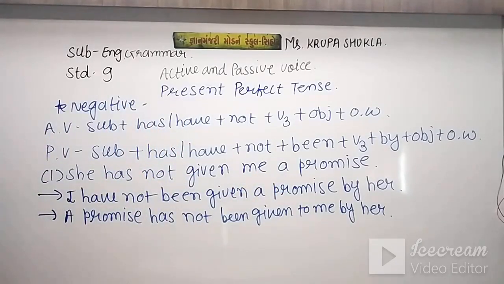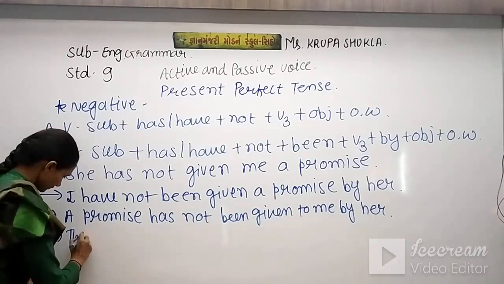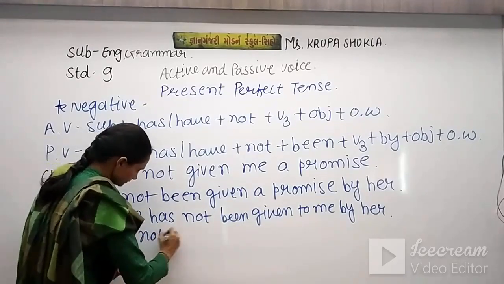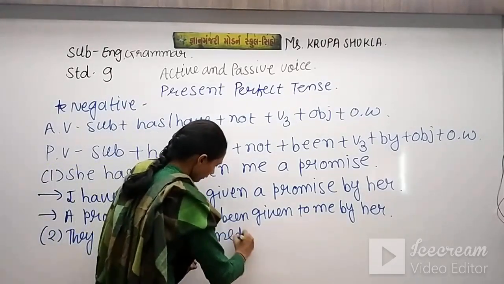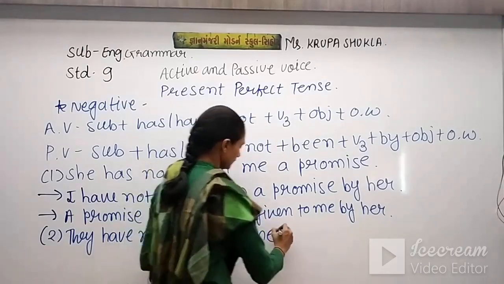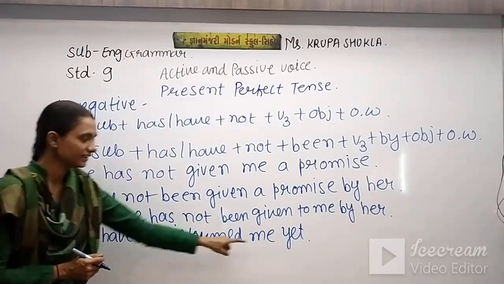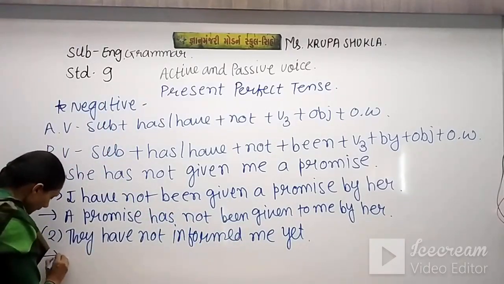Second sentence is: they have not informed me yet. Again here me is an object, so that will come first.